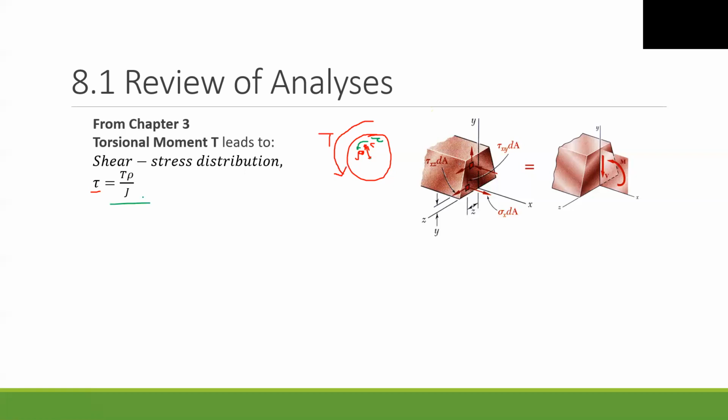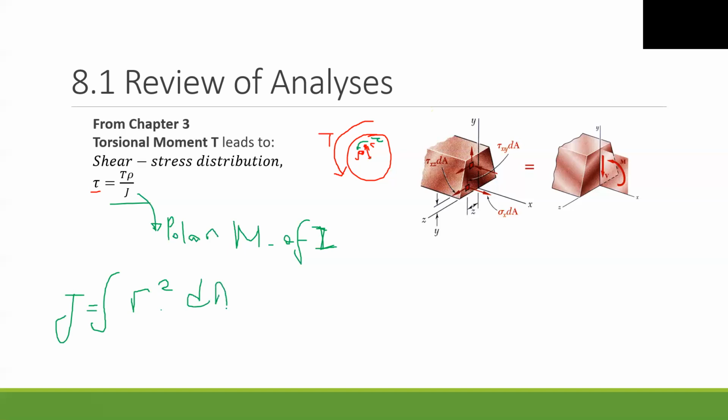J is the moment of inertia. Which moment of inertia? Polar moment of inertia. How can we compute the polar moment of inertia? J is equal to the integral of r squared dA. How can we calculate r squared?